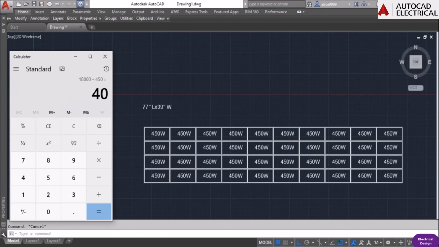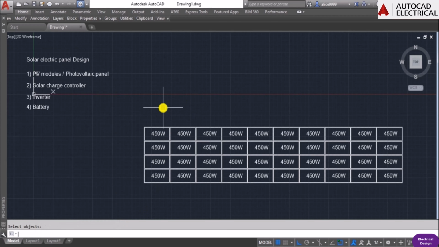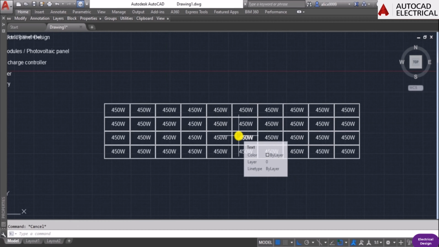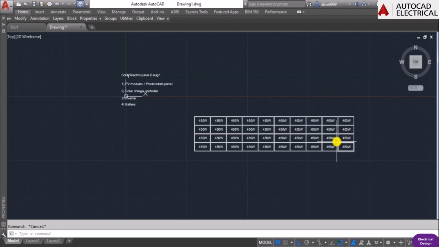So each 450 watt panel multiplied by 40 creates 18,000 watts, that is 18 kilowatts. So this entire system gives 18 kilowatts of power. It can be divided into 2 parts, 3 parts as per our requirement, with space between them, or it can be arranged typically so that it is space saving.